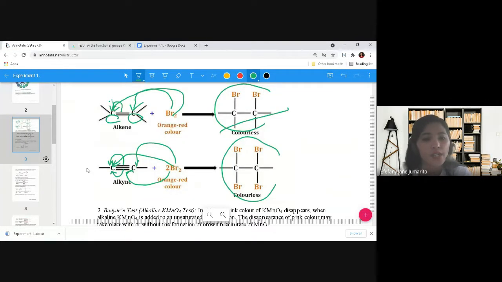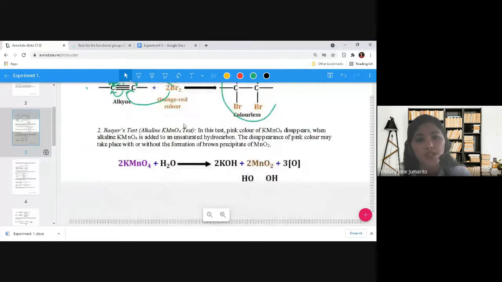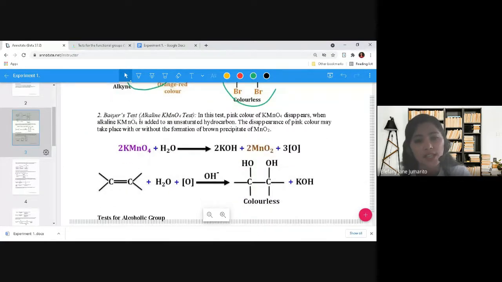Now we have that one. Okay, you read that one. Now let's go to Bayer's test, the alkaline KMnO4 test. We have KMnO4. In this test, the pink color of KMnO4 disappears when alkaline KMnO4 is added to an unsaturated hydrocarbon.